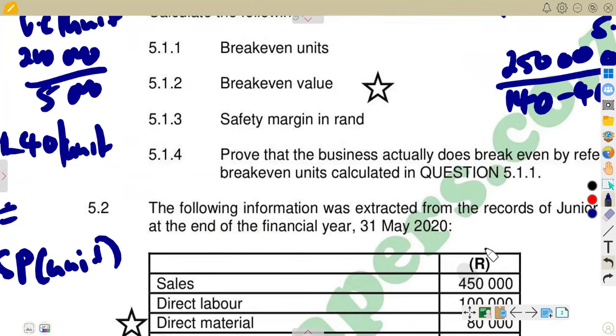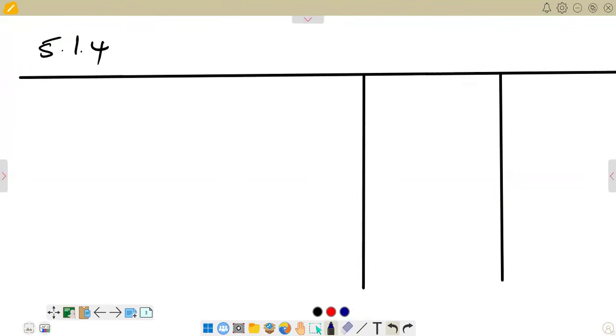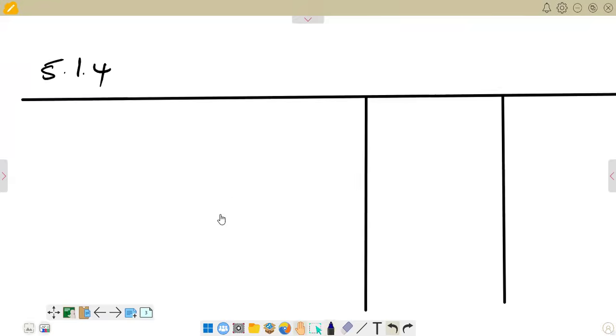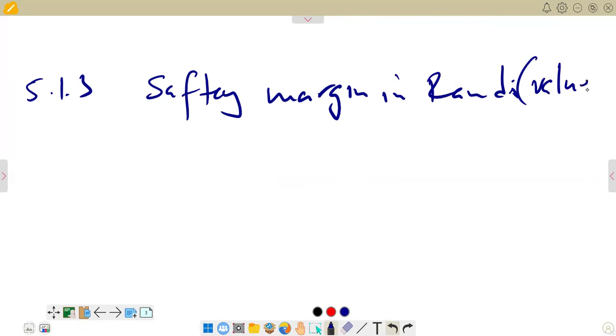So you see that the safety margin is now on 5.1.3, and we are saying safety margin in rands. Basically, we are calculating it in the form of value.